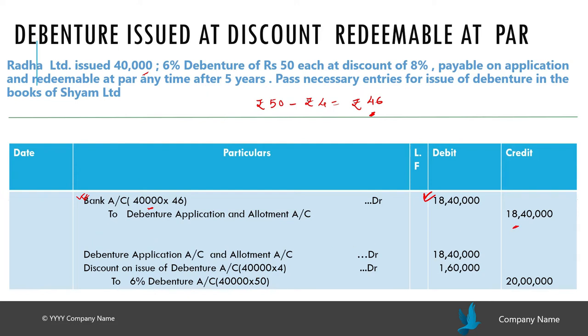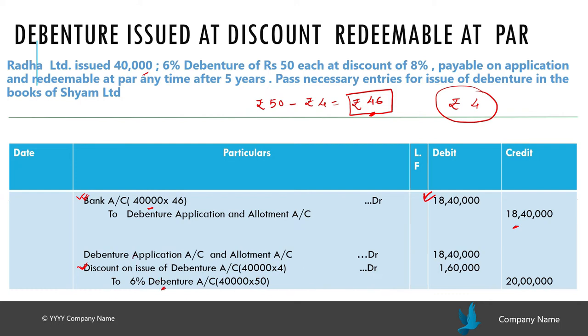Now as we have seen here, rupees 4 is the discount at which the company has issued the debenture. So this 4 rupees will become the discount on issue of debenture, which will be a loss for the company, and it should be debited while transferring the value to debenture account.